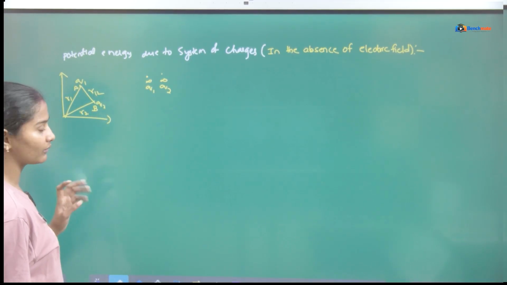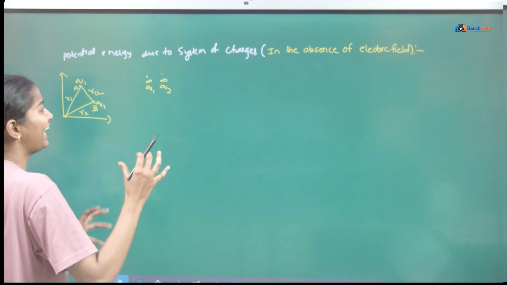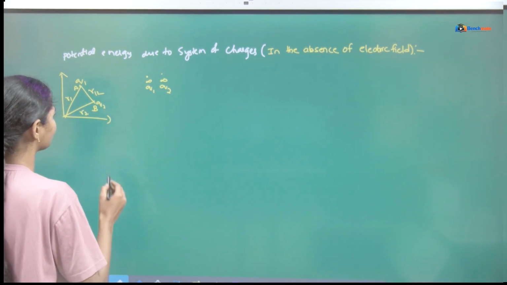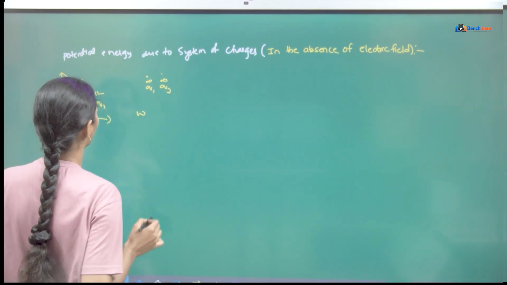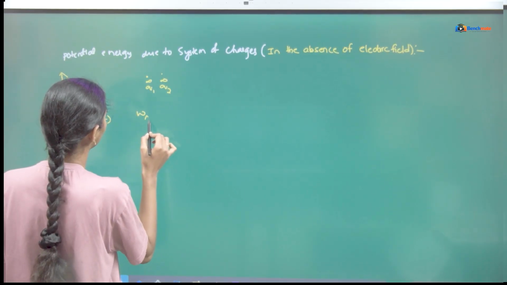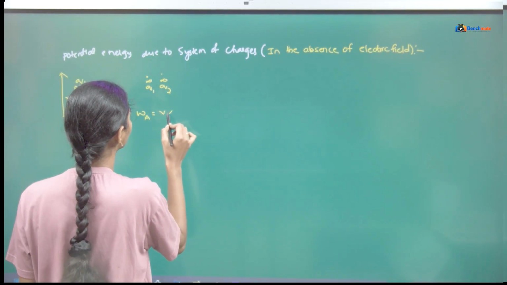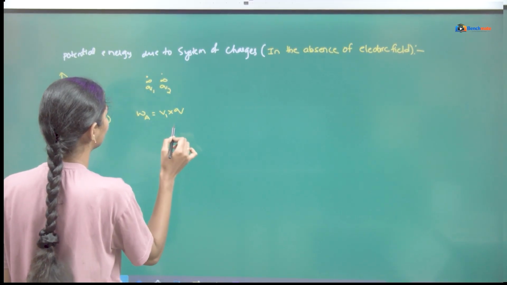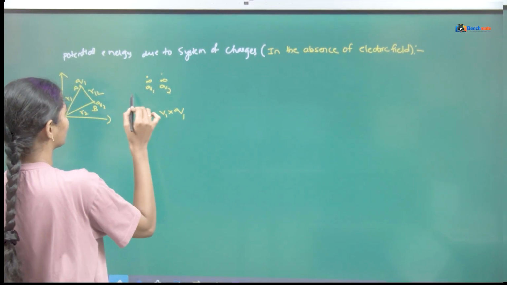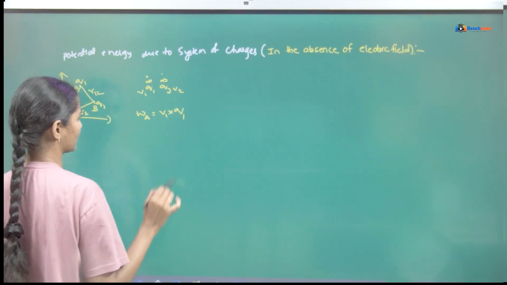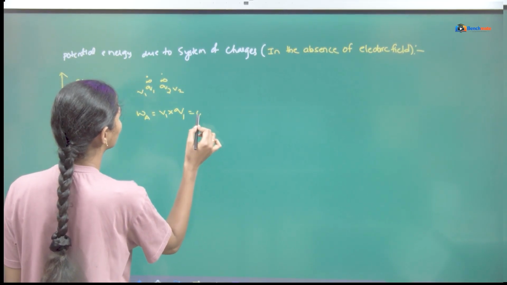So to find the total energy stored, first let's calculate the potential due to the A charge. What is the formula? V into Q. So first charge V1 Q1, potential due to second charge, so that is going to be 0.